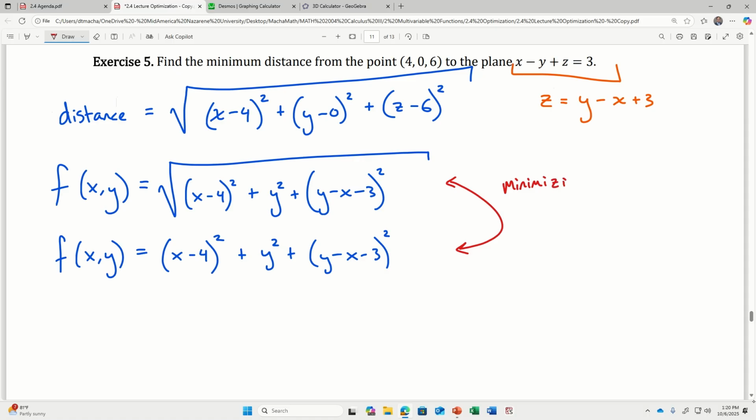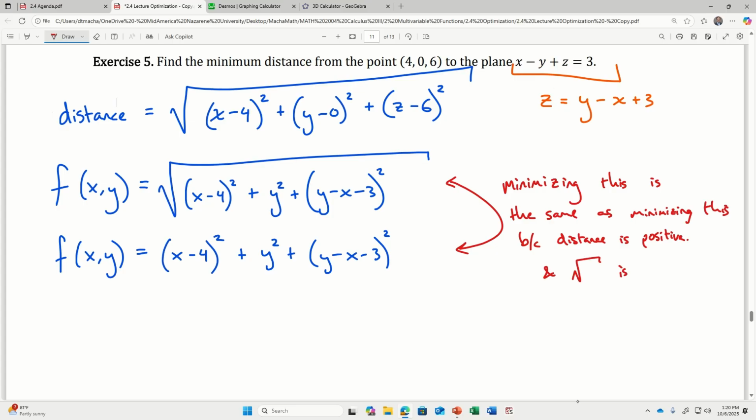Minimizing this function is the same as minimizing this other function, because distance is always positive anyways. And the square root function is strictly an increasing function. It's strictly monotone.